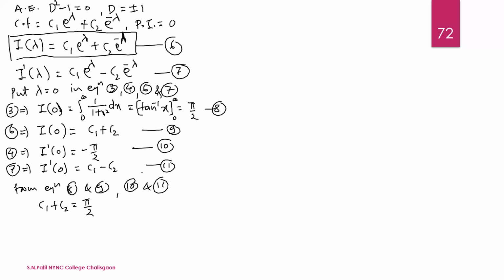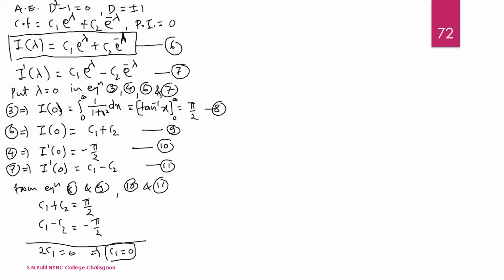And from 10 and 11, left hand side is same, right hand side is also same, c1 minus c2 is equal to minus pi by 2. Now solve this simultaneously. Here c2 is cancelled. Pi by 2 minus pi by 2 is 0, that is 2 times c1 is equal to 0. So here we get c1 is equal to 0.